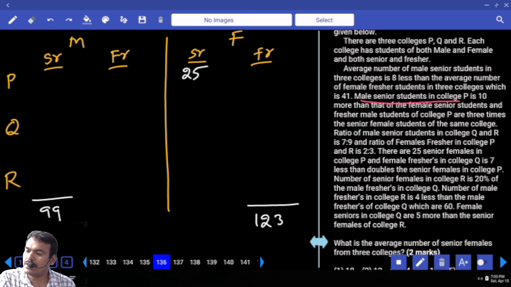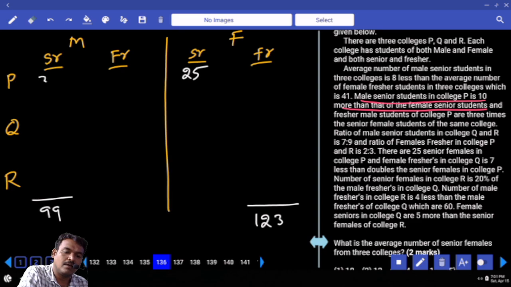Male senior students in college P is 10 more than that of the which one? Female senior students. Compared to 25, 10 more means 35. Male seniors in college P, 35.